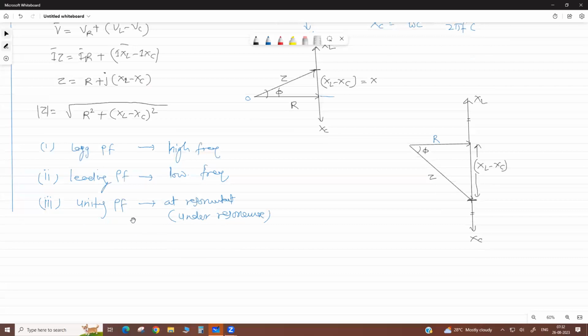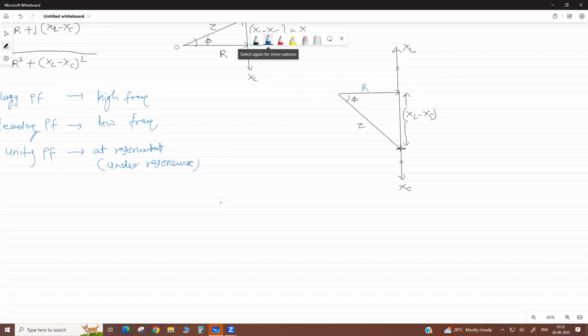Got it. Now at unity power factor, this is the resistance of the circuit. Resistance does not change with frequency. It does not depend on frequency. Only XL, XC. Will minus XL not come? See, it is a vectoral difference. If you write XL minus XC, it will be the same. It will come negative, no? So negative squared is also positive. Z is always the square root of R square plus XL minus XC whole square.